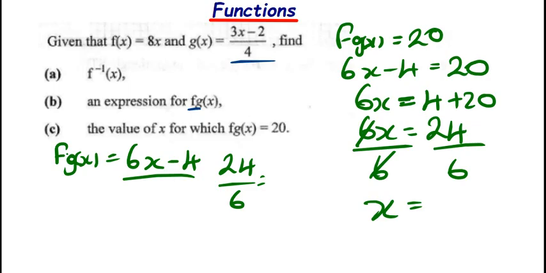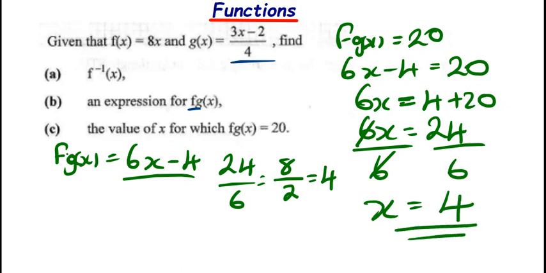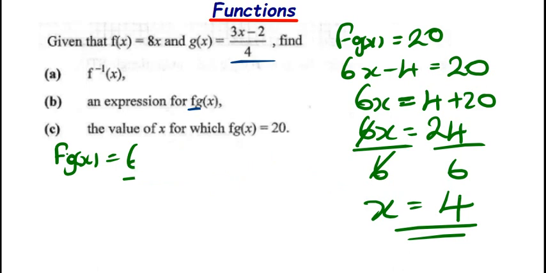What is that number? A 3. 3 into 24 is 8, and 3 into 6 is 2. And then 2 into 8 is 4. Therefore our answer becomes 4. That is our value of x. So that's how easy functions are.